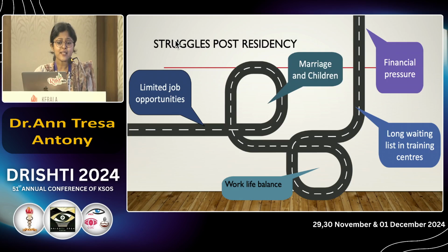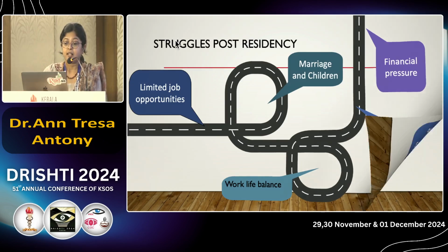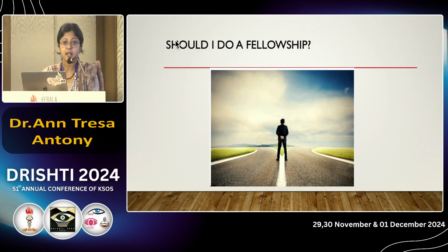For females, there will be a lot of pressure from the family to settle down with marriage and children, and this is a time you will be struggling with work life balance and financial pressure. So, at the end of 5.5 years of MBBS and 3 years of post graduation, you all will be standing at this crossroads thinking, should I go for a fellowship again?